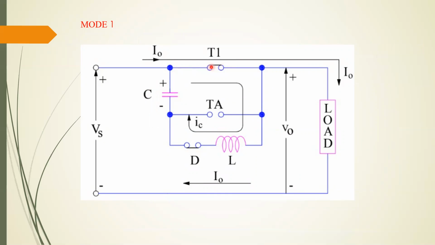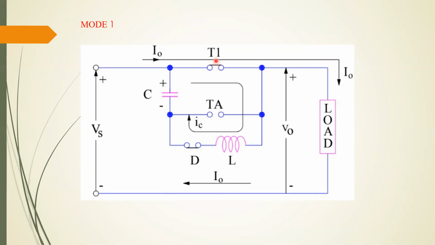When T1 is on, that means when the main thyristor is turned on, two main currents flow through the circuit. One is through the thyristor and load, that is I0. That path is VS plus to T1, T1 to load, to VS minus. The other current flows in the auxiliary circuit, which is formed by L and C. Here it flows through the capacitor, which is charged to maximum value.